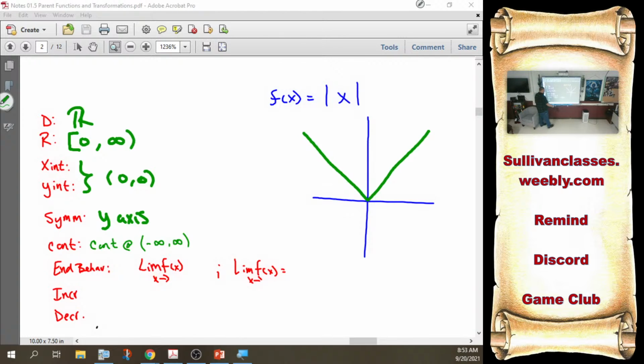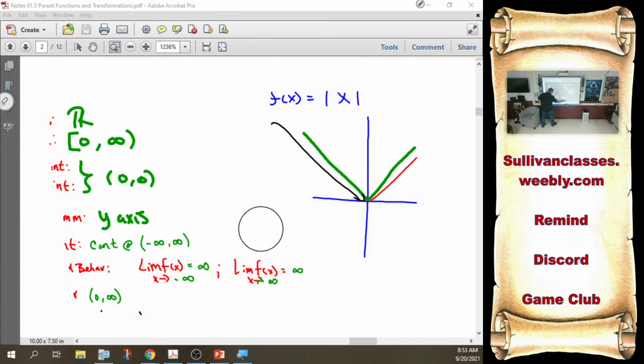End behavior: as I approach both negative and positive infinity, it heads up to positive infinity. Increase from 0 to infinity, my pencil goes up. From negative infinity to 0, my pencil goes down. Okay? Left to right, across the number line, is your pencil going up or down. That's your increase and decrease.